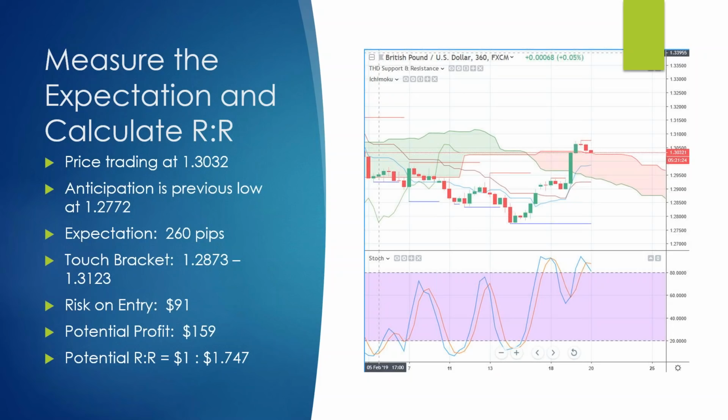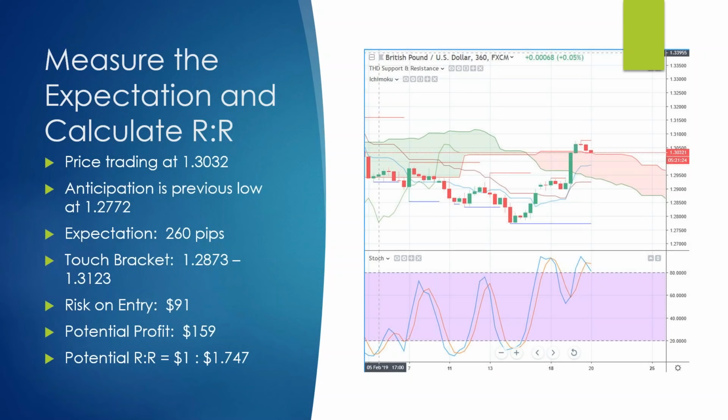So my expectation is 260 pips. That means I'm probably going to use a touch bracket. Why would I use a touch bracket? Because that's going to encompass more of the move.